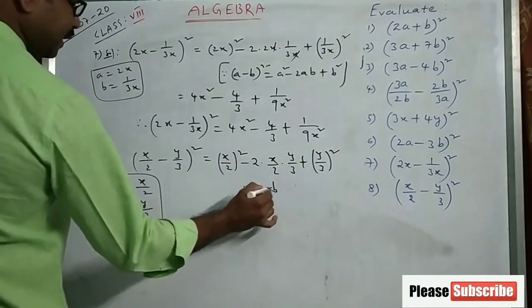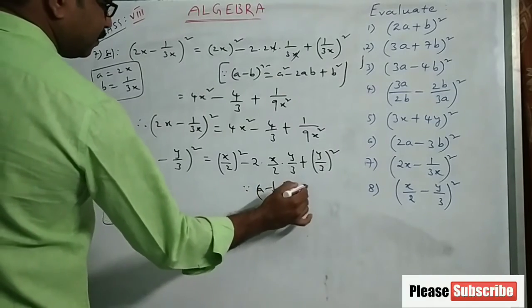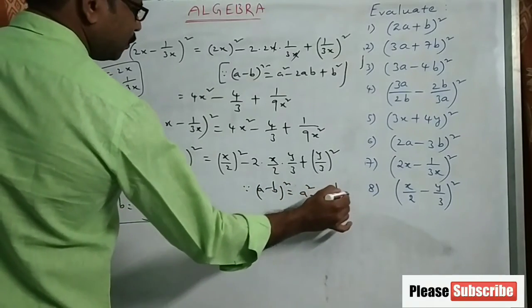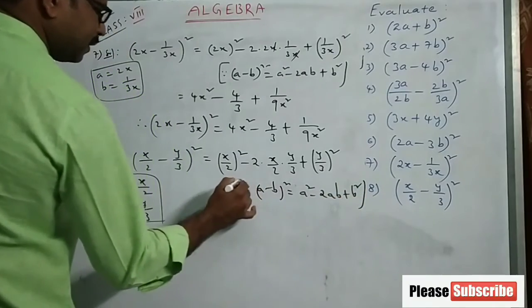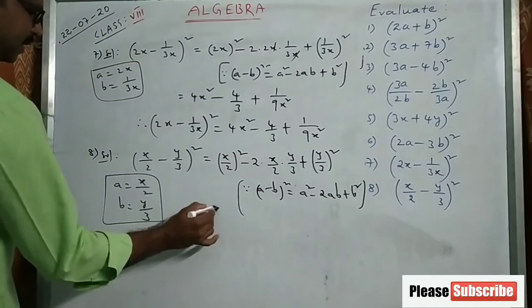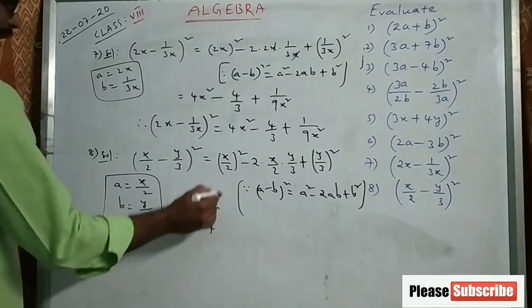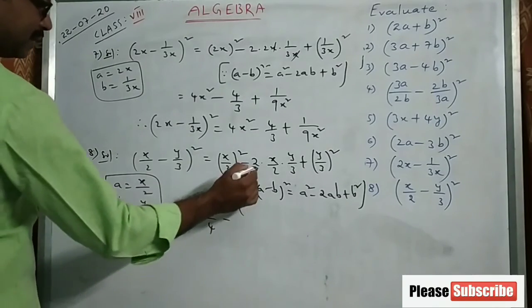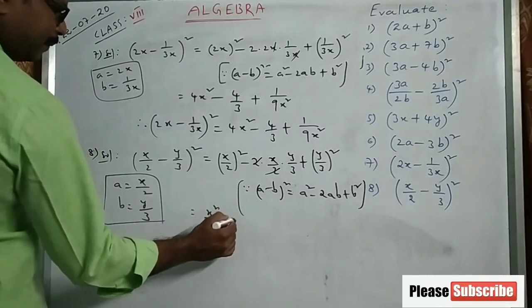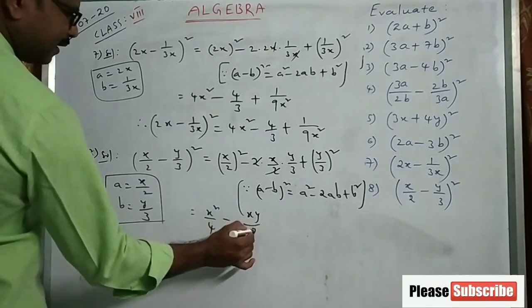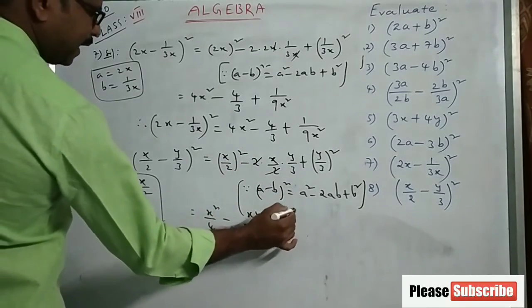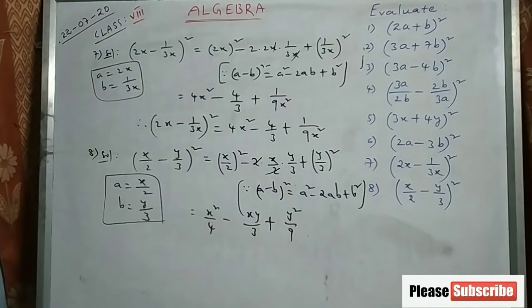Since a minus b whole square equal to a square minus 2ab plus b square, right? So this will be x square by 4, because x by 2 into x by 2, x square by 4, minus 2 gets cancelled, xy by 3 plus y square by 3 3s are 9.